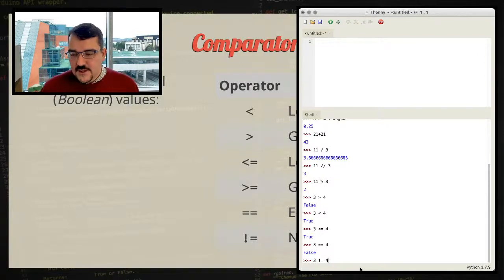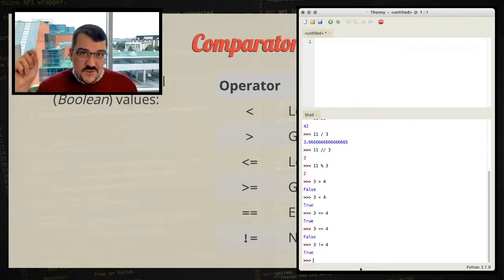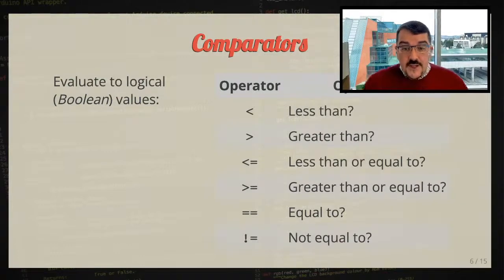But still, a lot of the core language functionality assumes that we don't have a keyboard that lets us type really fancy things like mathematical symbols. So 3 not equal 4 is 3 exclamation equals 4. And that's kind of like an equals with a stroke through it. Okay, so those are our mathematical comparators, and they evaluate to either true or false.